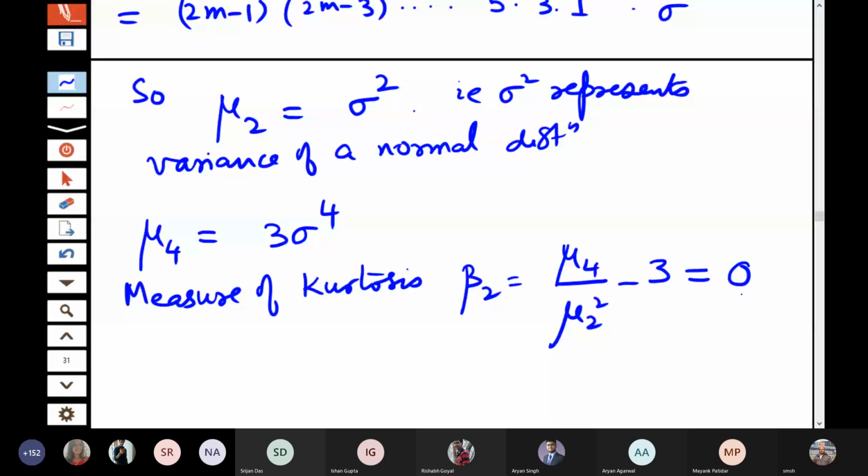So when I was telling you about kurtosis, we mentioned that there is a leptokurtic curve, a platykurtic curve, and then a normal curve. The normal curve actually refers to the curve of the normal distribution, and the kurtosis for the normal distribution is actually 0.